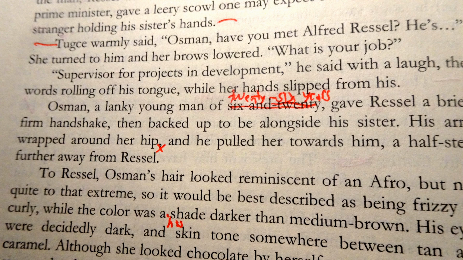And I just thought it'd be confusing, because I read 6 and 20 and my brain thinks he is 62, not 26. Because if you say 6 and 20, I'm just like 6 and 20, 6 and 2. But anyway, I decided to get rid of it. So, a young man of 26. Getting rid of Jane Austen-esque language, because Jane Austen is one of the worst writers to ever live.